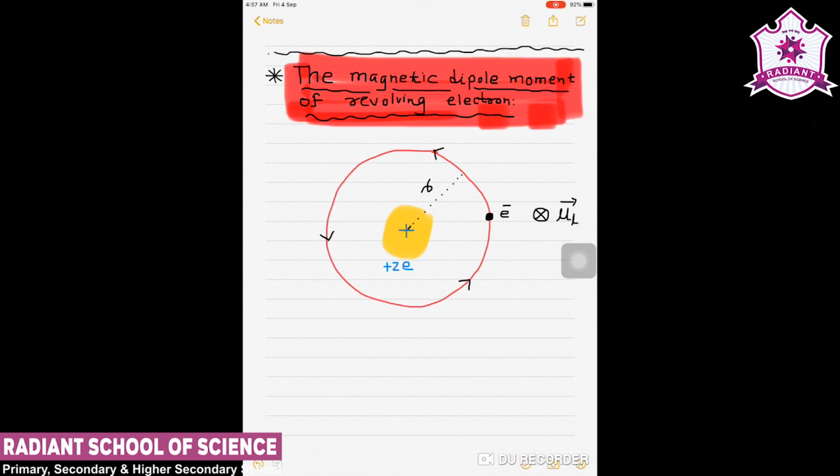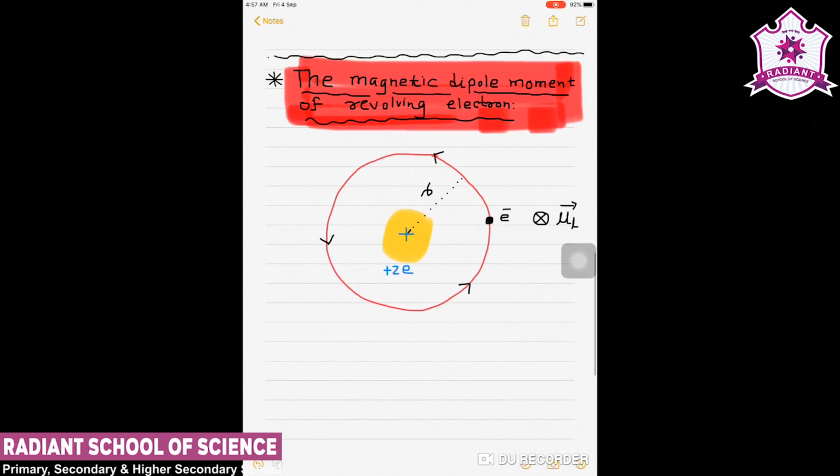Suppose the electron is moving on a circular path in the anti-clockwise direction around a positively charged center, which is a heavy nucleus of plus Z E charge, and it constitutes a current I. We can define I in general as I equals Q upon T, where T is the periodic time.